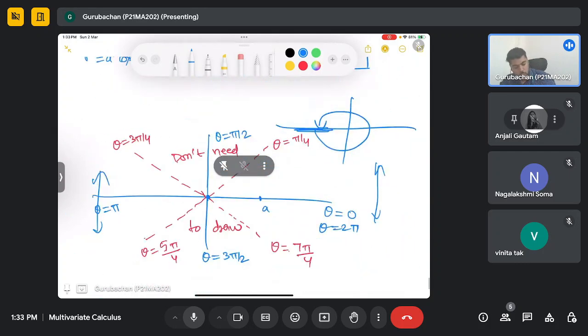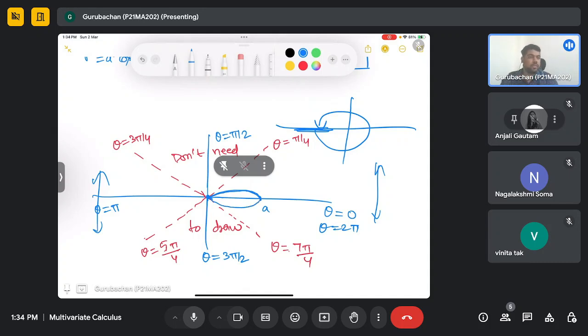So it will go like this. It started from a, it has gone to this one at pi by 4. And we know that it is symmetric about theta equal to 0, so we can draw like this.